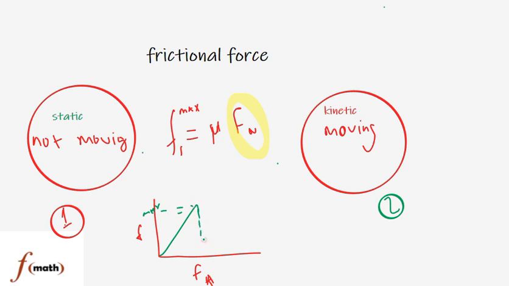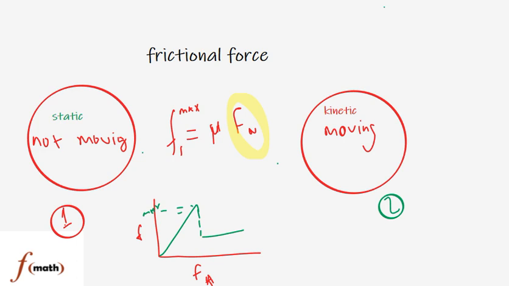So now you are battling against a constant kinetic frictional force. So first you're pushing an object, it is static, it's not moving, you're fighting against static frictional force, and when the object is moving, now you're fighting against kinetic frictional force.